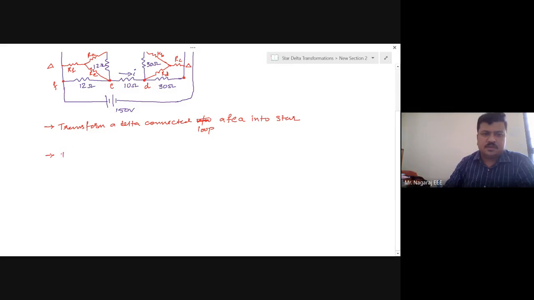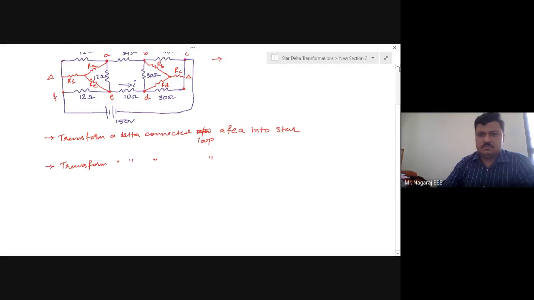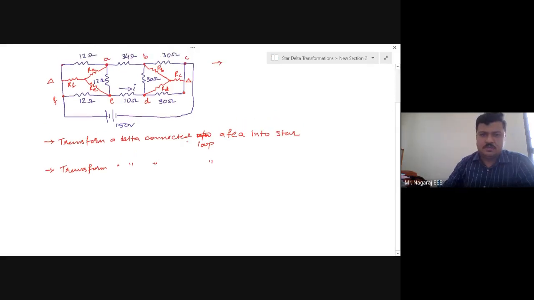Okay, and transform a delta connected loop, which is B, C, D, B into star.